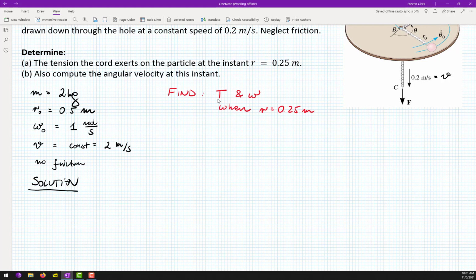So let's do a free body diagram at an arbitrary position or instant. And of course, KD as well.